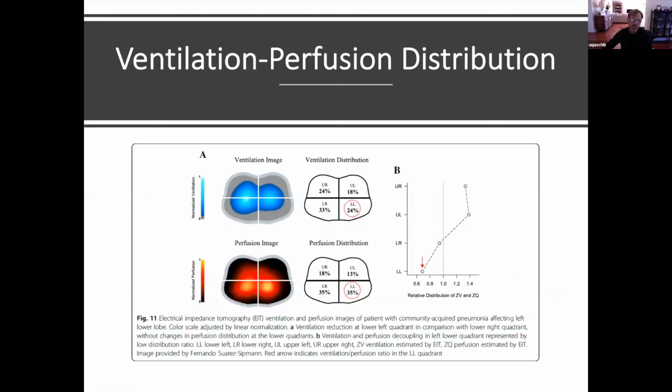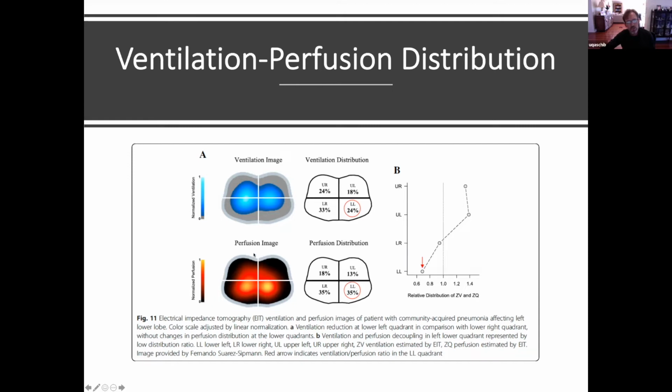Or the opposite, you can measure in patients the ventilation distribution by looking at how much ventilation is distributed just in these quadrants of the lung. Here there is left lower lobe pneumonia, more or less in the posterior parts.